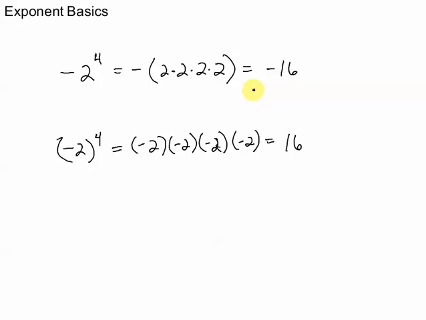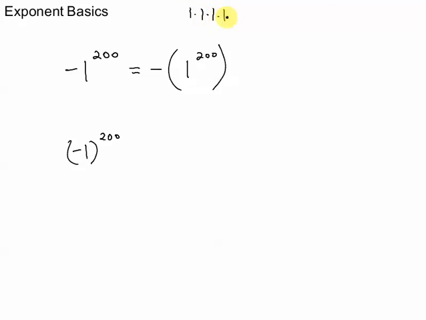Let's try some more examples. If I write negative 1 to the 200 power and compare that to negative 1 in parentheses to the 200 power, then up here, this means the opposite of 1 to the 200, right? 1 to the 200, well, if you can imagine 200 ones being multiplied, no matter how many times you multiply ones, you're going to get a 1.